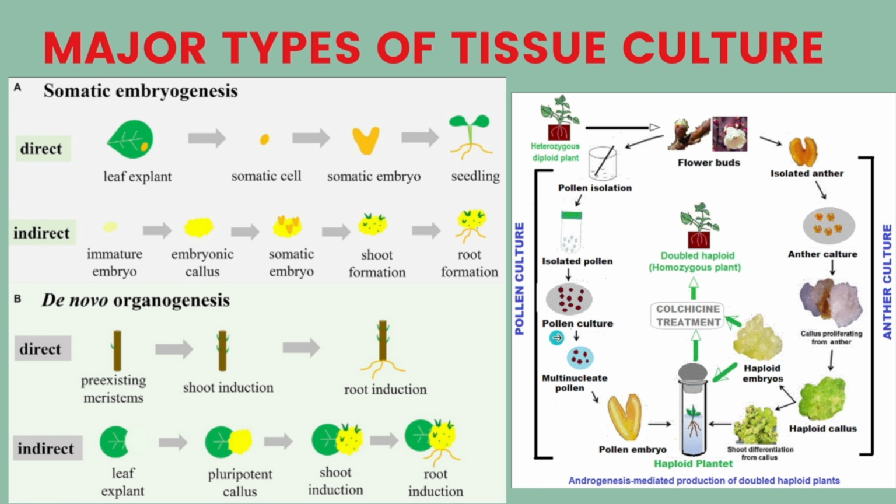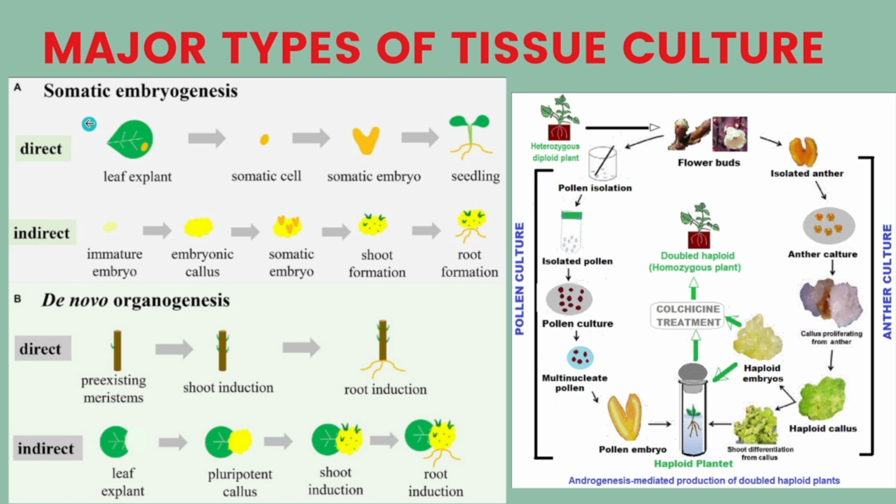You directly extract the pollen grain, or you use the anther, the male sexual organ, to produce the haploid plant. Then the chromosome number is doubled from the haploid, meaning that you add something. So this is a type of tissue culture.